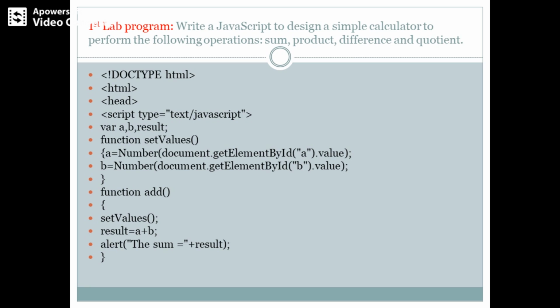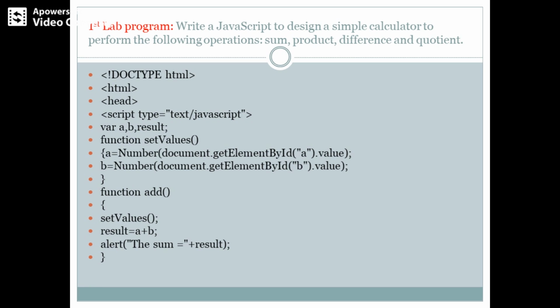The result may have the addition of the two numbers, or the product, or the difference, or the quotient. First of all, when the user puts the values in the two text boxes labeled A and B, the text box needs to have an ID associated with it. It happens through getElementById.